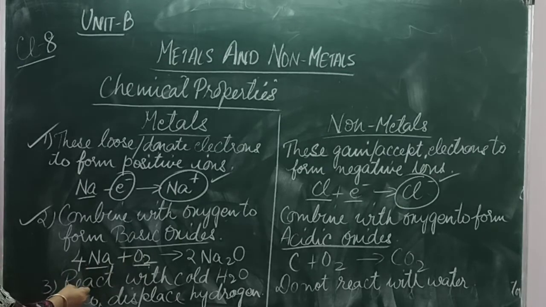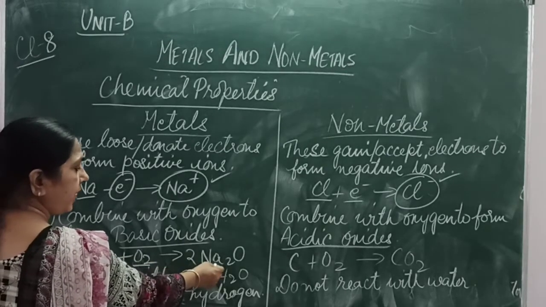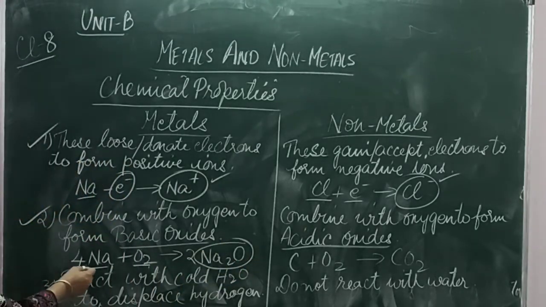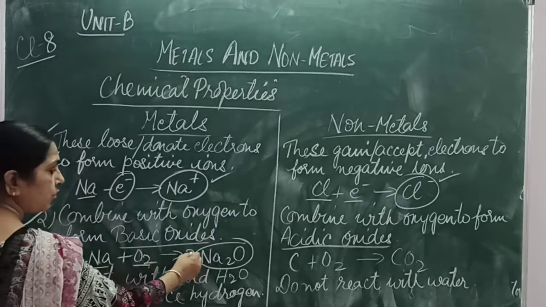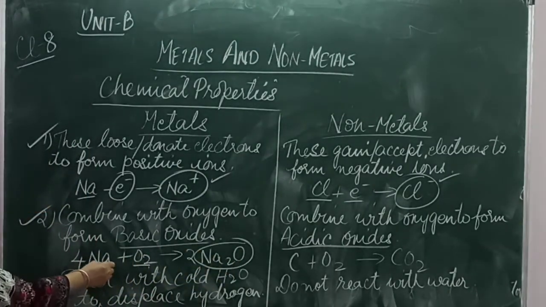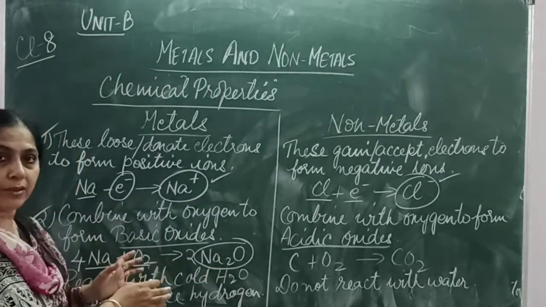So what will it form? Sodium oxide. We have done the balancing, so O2 gives 2O, and Na2 over here. This is balanced. So sodium plus oxygen gives Na2O, the basic oxide.